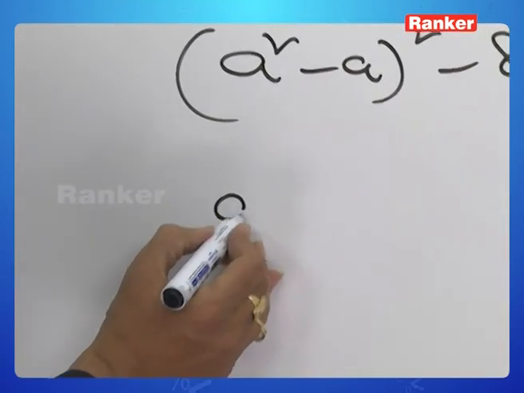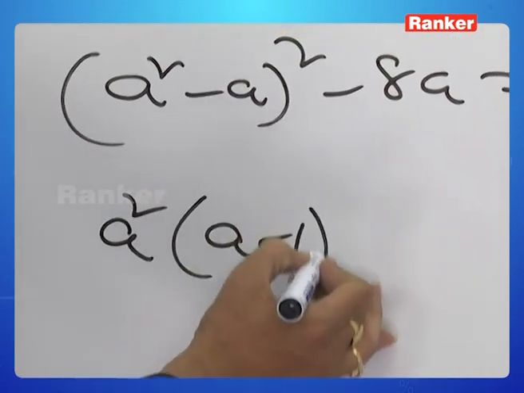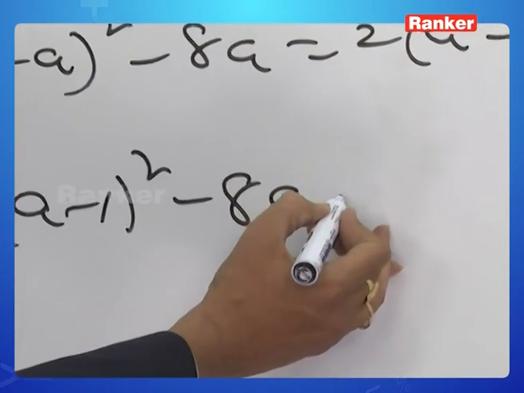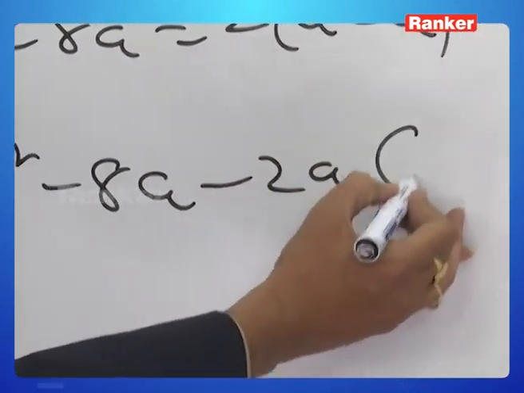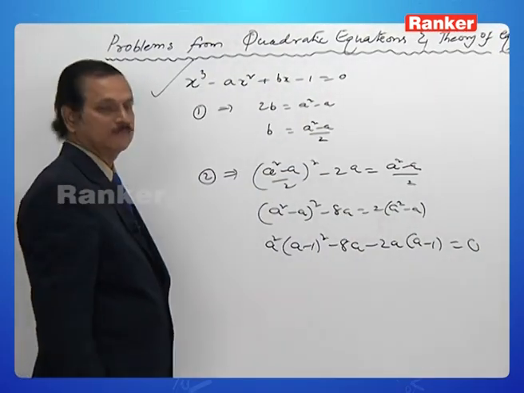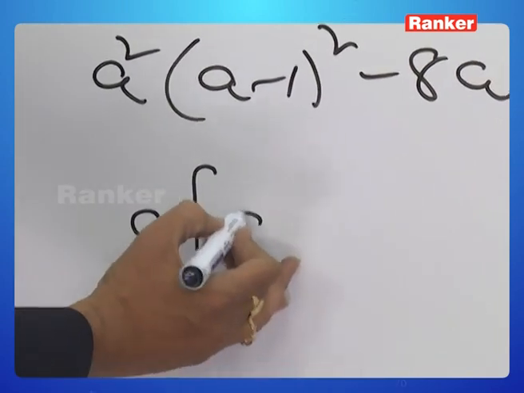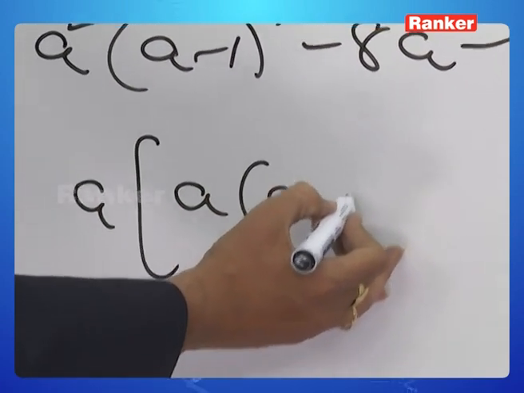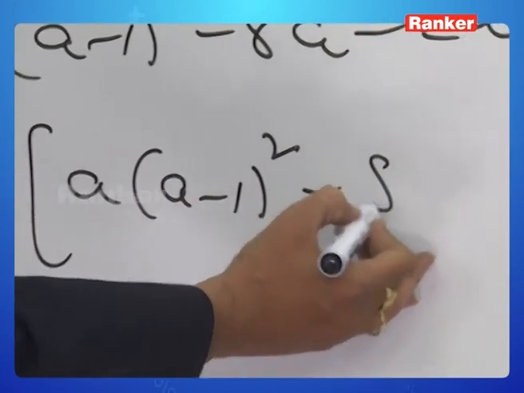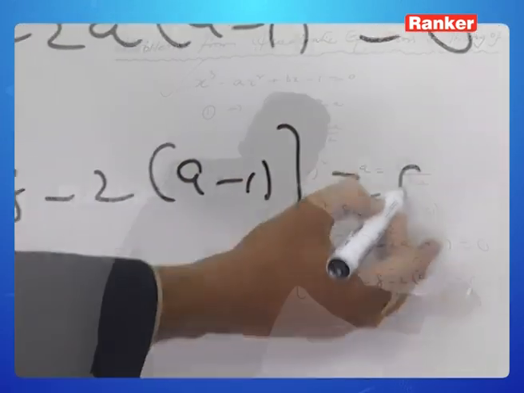This is a into a minus 1. a square into a minus 1 whole square minus 8a minus 2a into a minus 1 is therefore equal to 0. Let me take a as a common factor. a into a minus 1 whole square minus 8 minus 2 into a minus 1 is equal to 0.